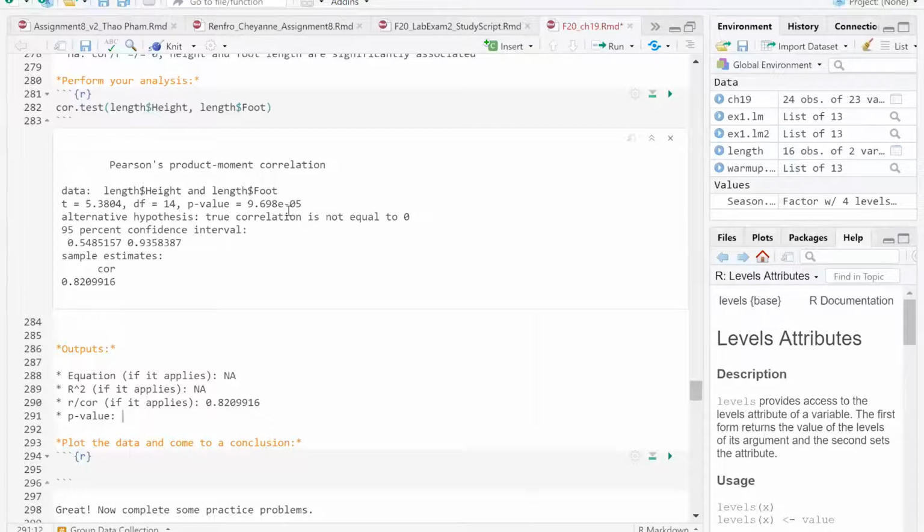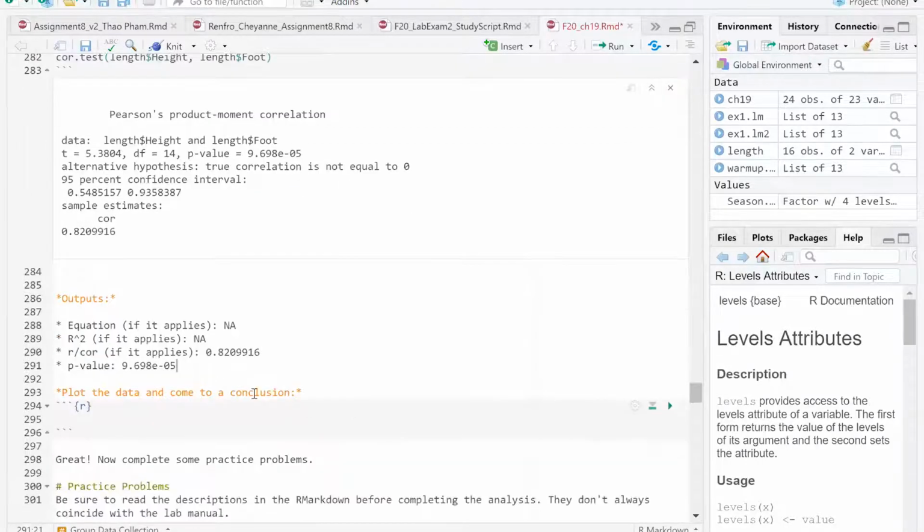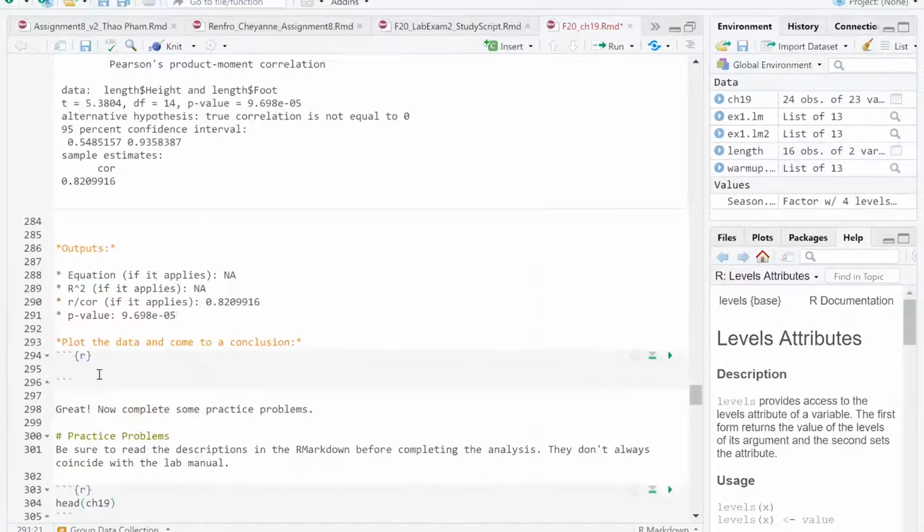And our p-value for our correlation coefficient is up here. So a pretty high correlation coefficient, a very small p-value, so definitely a significant positive correlation between the two variables.